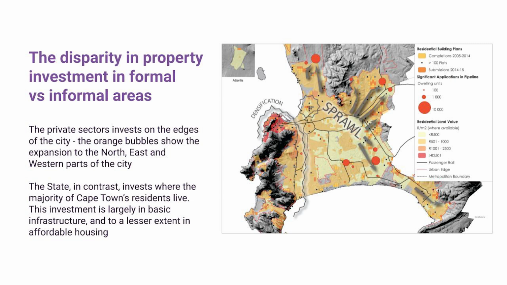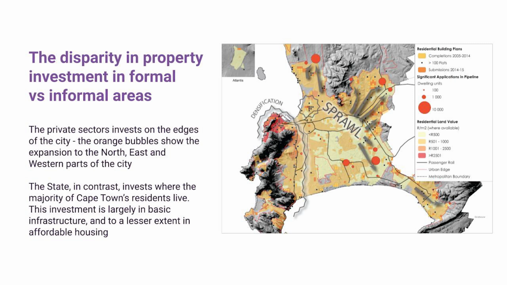The orange bubbles show to the north of the city that there's expansion to the northern part of the city, and then also to the east and western parts of the city. But what's significant about this is that it's the exact opposite places to where the state is investing.